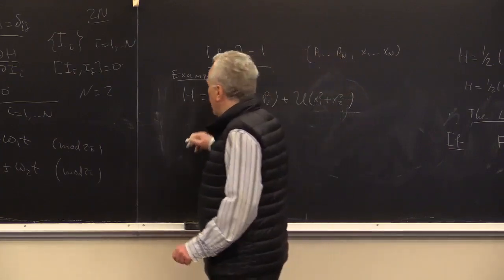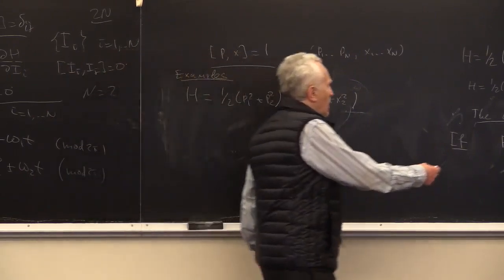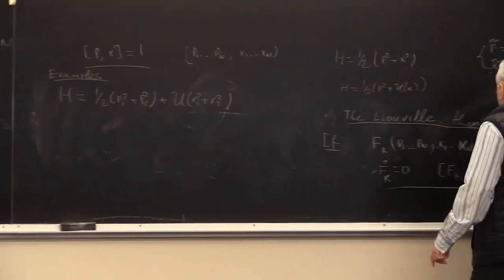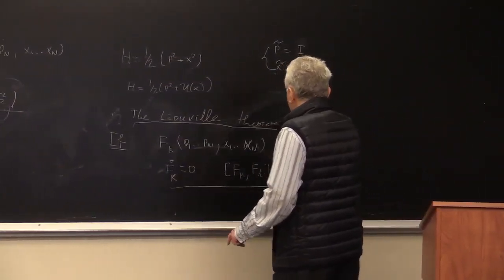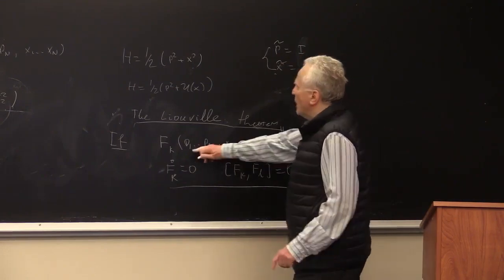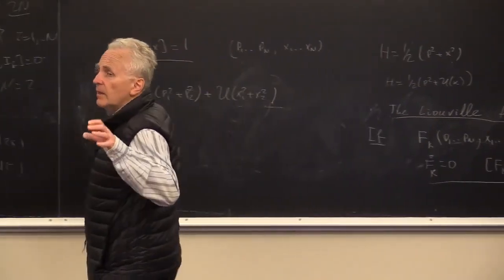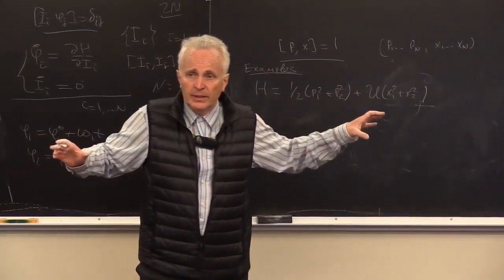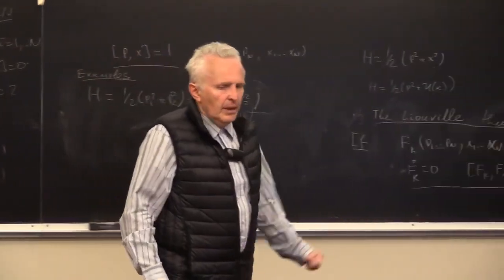So the integrals commute with the Hamiltonian. One more important comment: here k is 1 to n, and one of these functions is the Hamiltonian. So the Hamiltonian is included in these n functions because it commutes with itself, obviously.